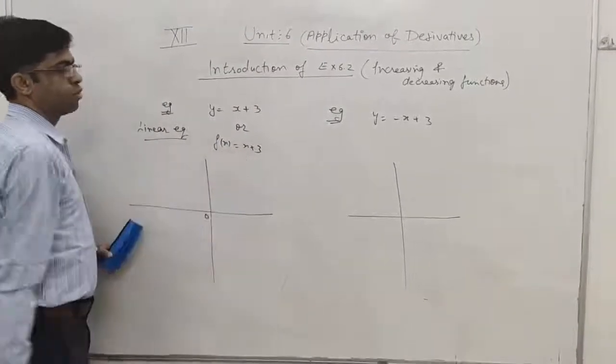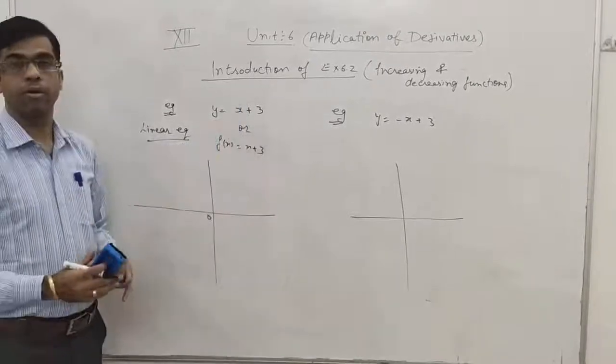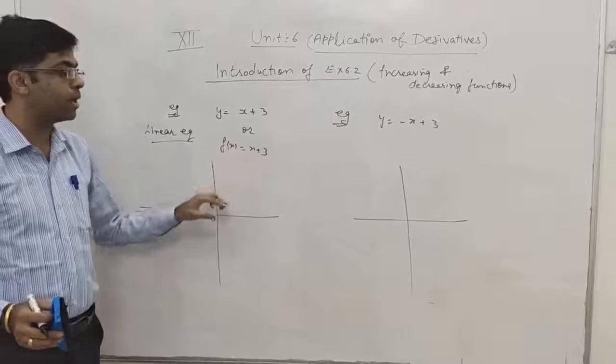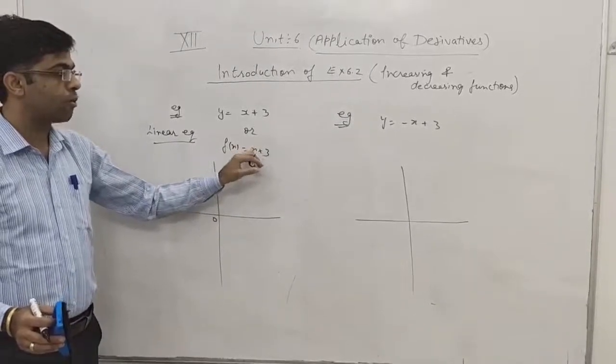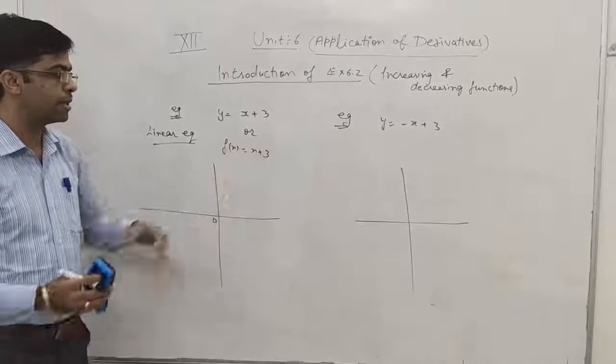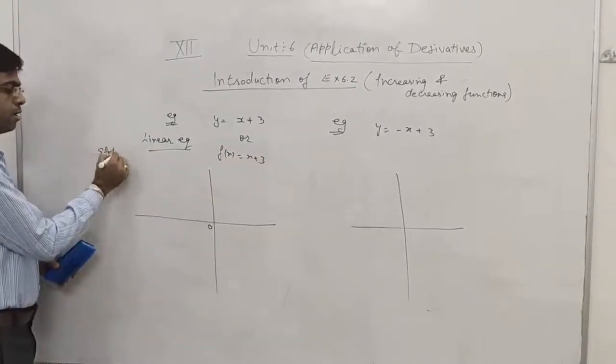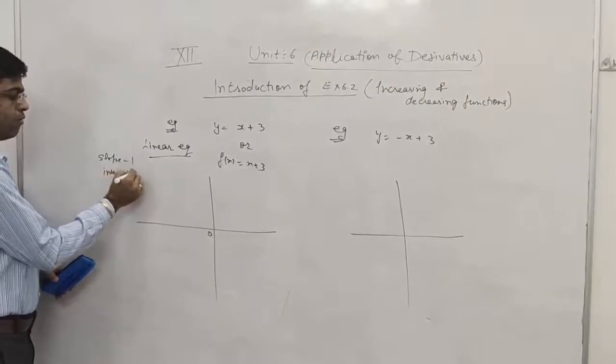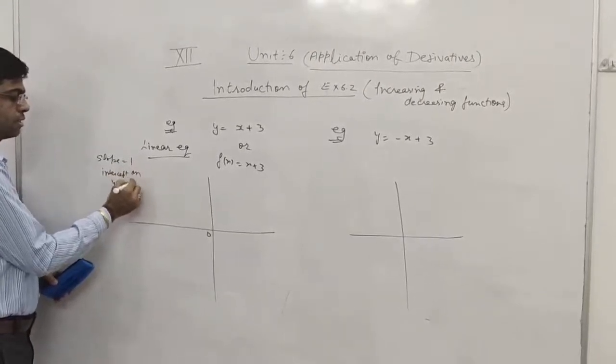This is y is equal to x plus 3. From the concepts of class 11 straight line, this is slope intercept form, and the value of slope is 1, and the intercept on the y axis is 3.